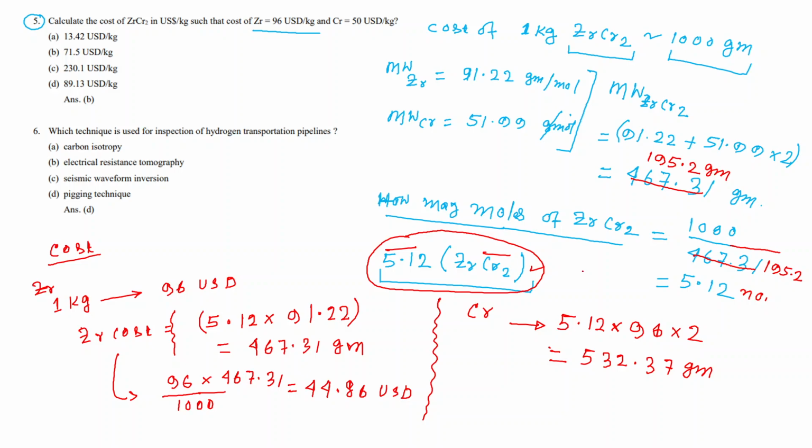Sorry, this is not right. 51.99 you mentioned above. 51.99 is the molecular weight of chromium, not 96. We can straightforwardly see the ratio of the moles and then calculate.